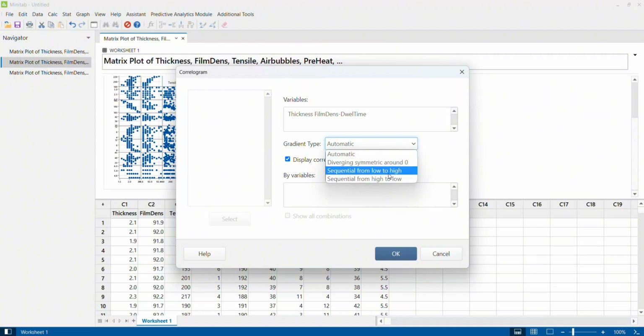When you keep it sequential high, it gives you the strong relationship in a darker color, and as the relationship becomes lower and lower, the color goes down to a lower shade or white. But if you keep it diverging symmetric around 0, positive correlation will be shown in one color and negative correlation in a different color. So that's why I'm selecting this. I'll show you both options when I complete this video.